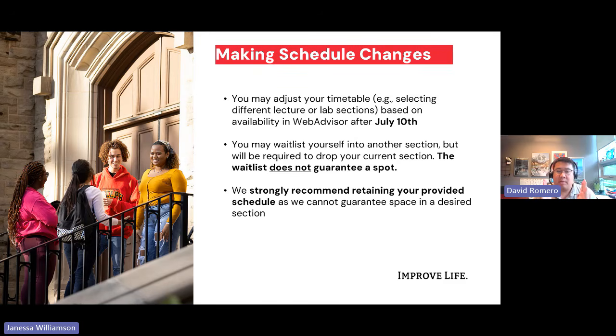So there'll be a period of time where you won't be able to make changes to your courses, but in that time, you can take a look at what changes you may want to make. So you may be able to waitlist yourself into another section after July 10th, but just be aware that that's going to drop you out of your current section, okay? And the waitlist does not guarantee you a spot.